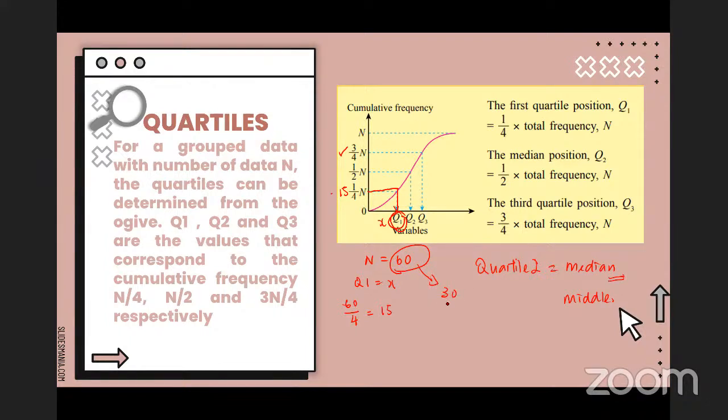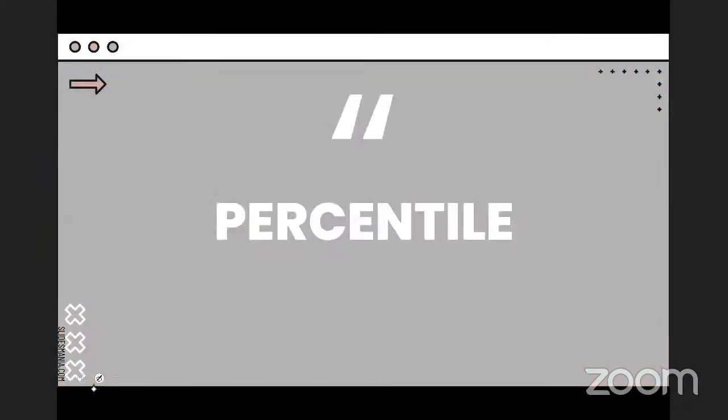How do you find the 30? It is 60/2, which is n/2. So quartile 2 is equal to the median. When it asks you to find the median, it means it asks you to find quartile 2. Okay? And now we're going to proceed to percentile.